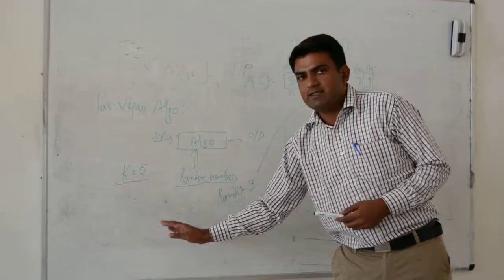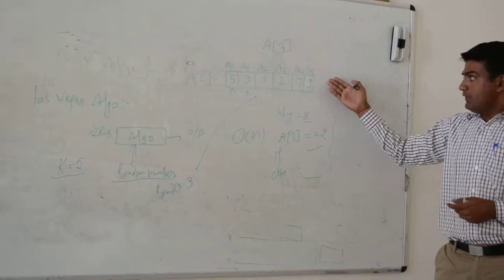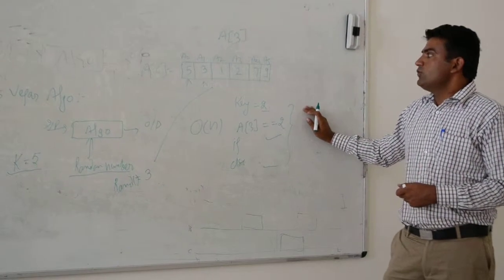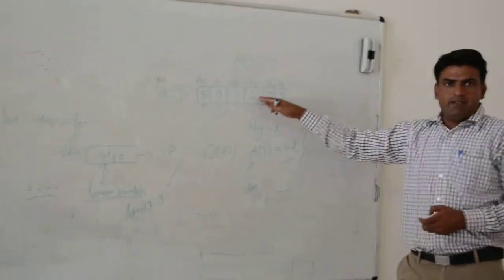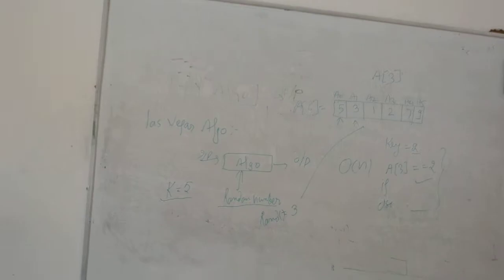If within 5 chances we get the answer, it's okay. Otherwise we say there is no solution available in this array, however the solution may be present. So this is about the Las Vegas and Monte Carlo algorithms.